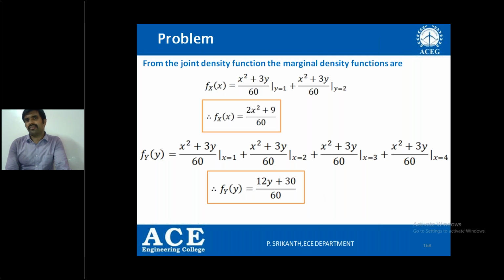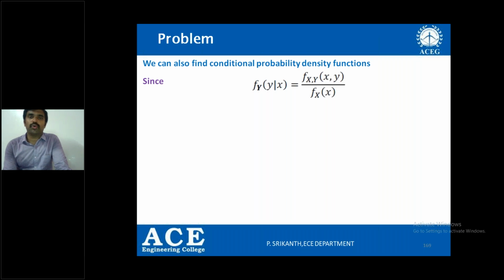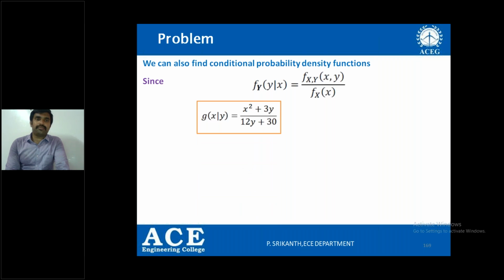What is the next step? Yes. After the marginal density functions, we can find the conditional density functions. We know the formula for the conditional density function; in fact, we have derived it: f of y given x equals f of x comma y divided by fx of x, right? So if I substitute here, g of x given y equals (x square plus 3y) by (12y plus 30).